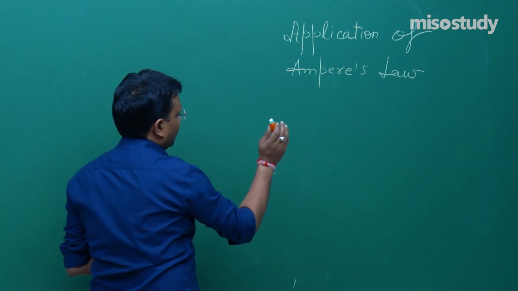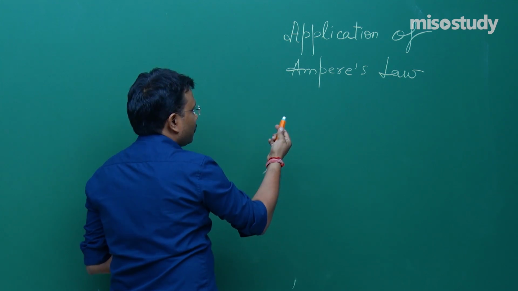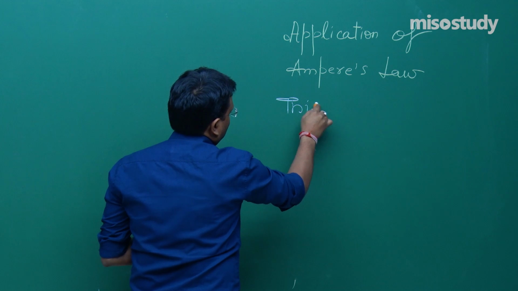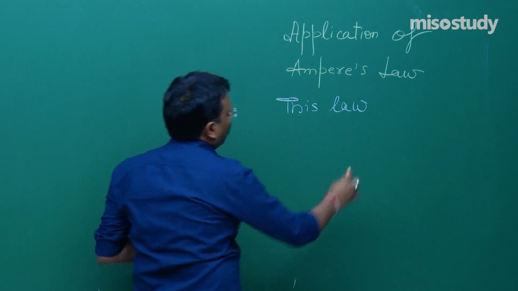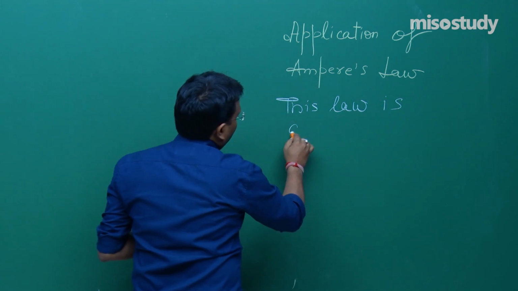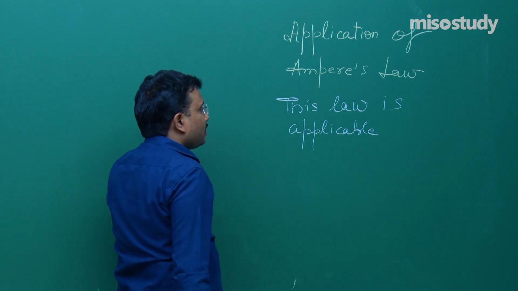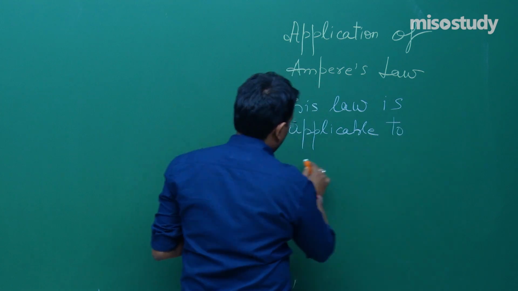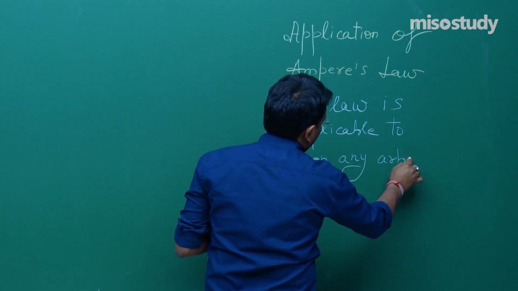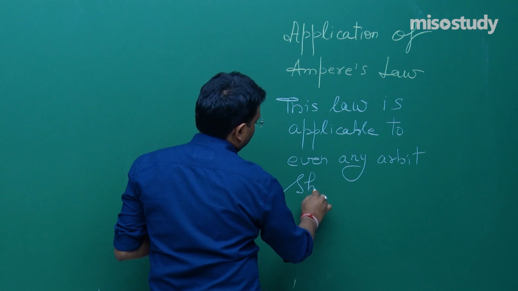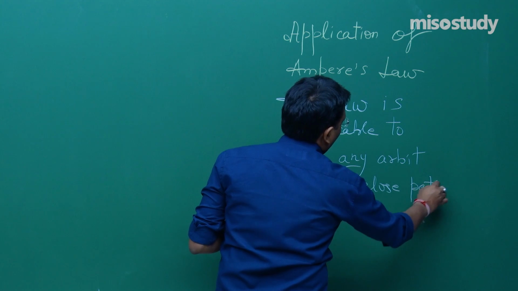So, just consider this line as a part of that application, and the line should be this: this law is applicable to even any orbit shape, closed path or closed circuit.